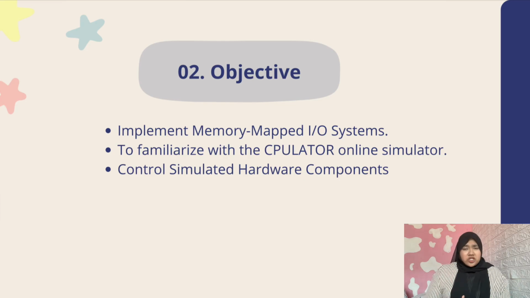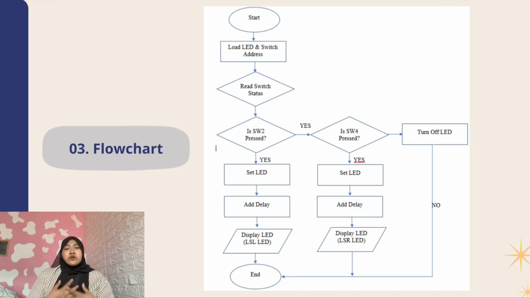So how do we actually pull this off and meet all 3 objectives? We map everything out into a clear programming logic. So let's move to the next slide and I will walk you through our flowchart so we can see exactly how the data flows. Alright, looking at the flowchart, everything kicks off at the start block. Tying right back into our first objective, the very first thing the program does is load the LED and switch address.